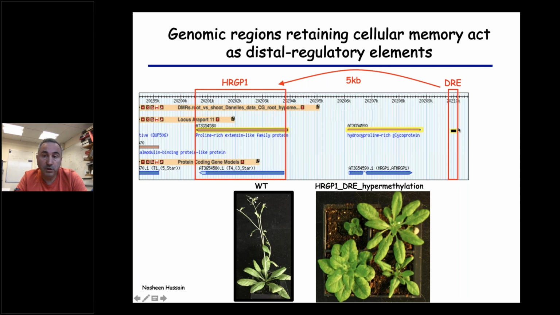This is one of the regions that Nasim has characterized. It is upstream of a gene that is usually expressed only in roots or in pollen, and when she hypermethylates this region using inverted repeat hairpins, she gets a complex plethora of phenotypes caused by the misexpression of the gene.